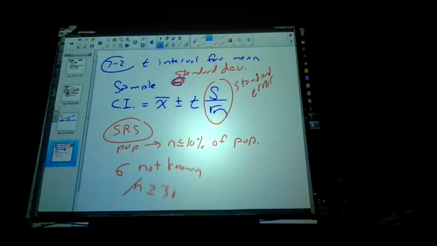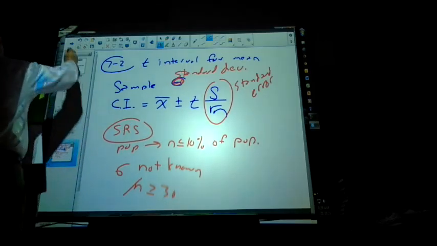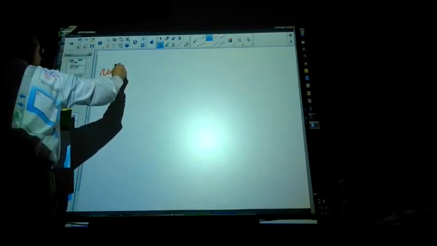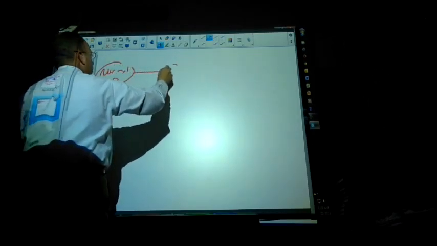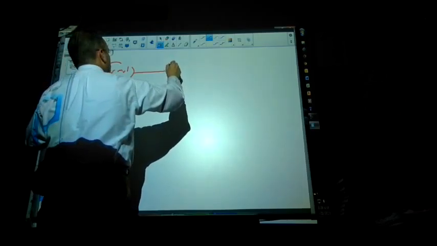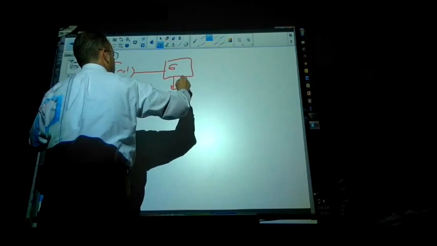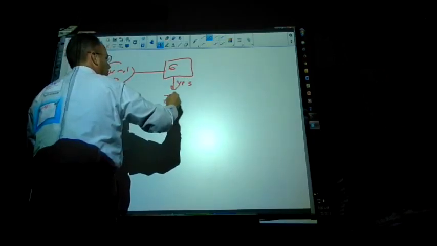So remember, I'm going to go back to our flow chart real quick. So, normal population. You've established this. So, you know this as a yes. Z-score.